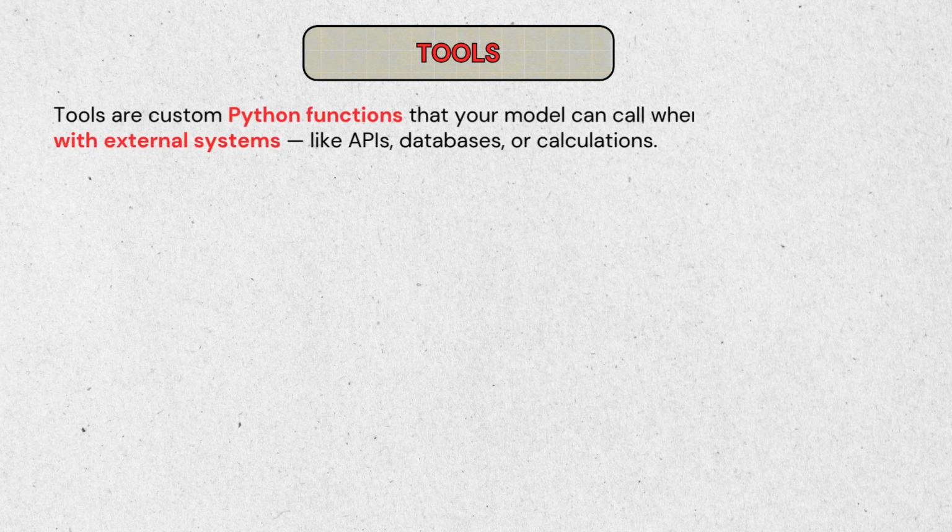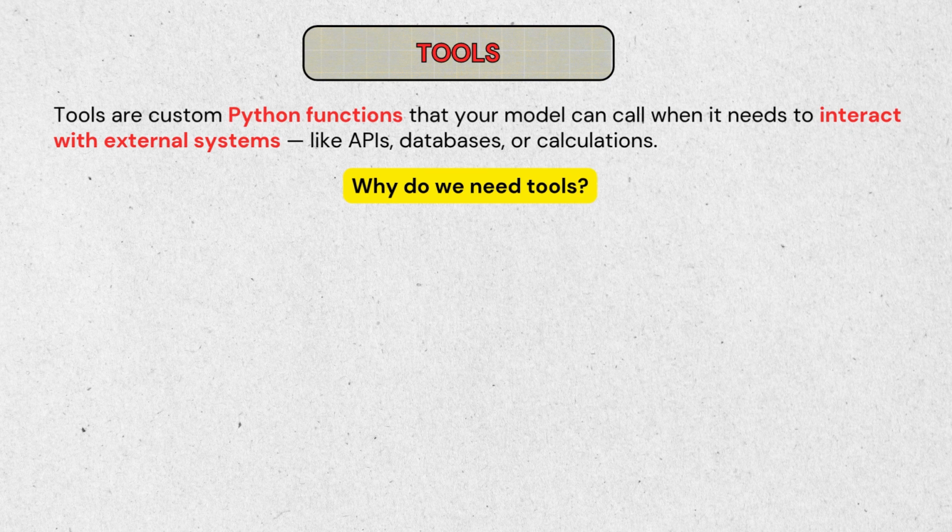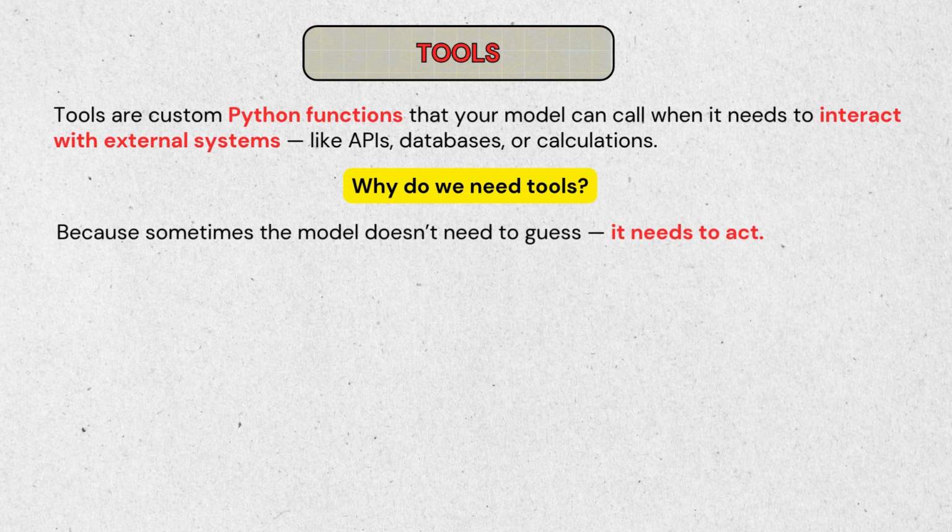Next, let's see what tools are. Tools are custom Python functions that your model can call when it needs to interact with external systems like APIs, databases, or calculations. Why do we need tools? Because sometimes the model does not need to guess, it needs to act. Let's say the user asks, what is 4 multiplied by 7?